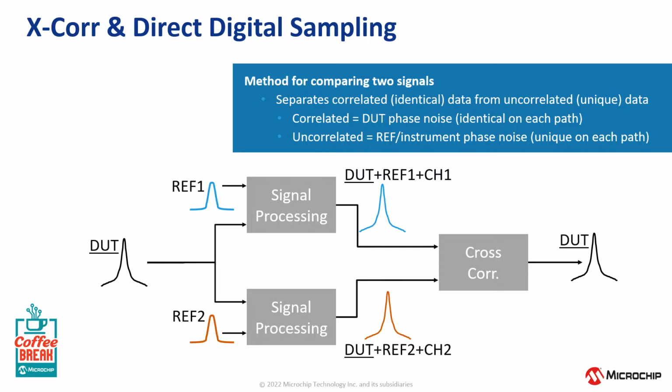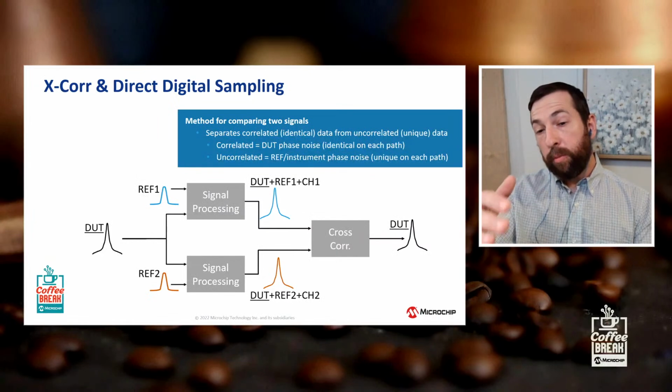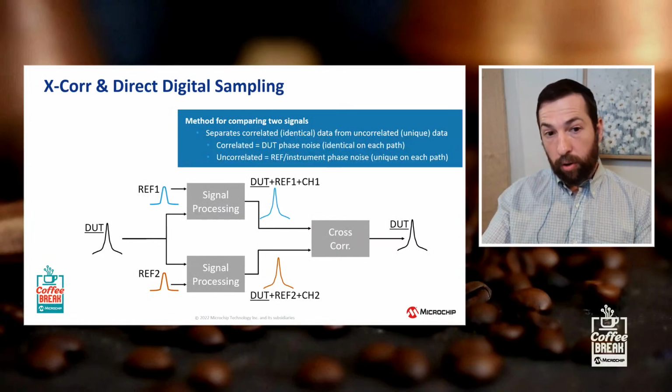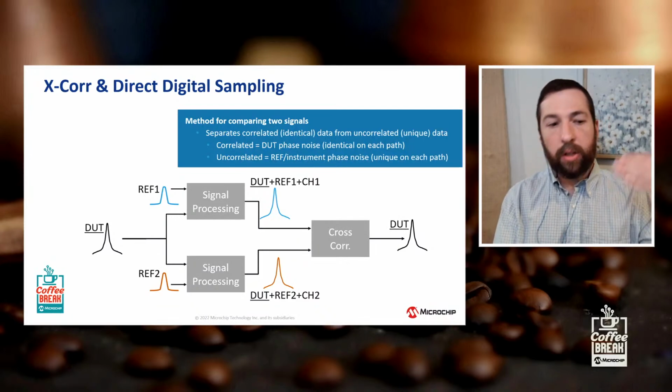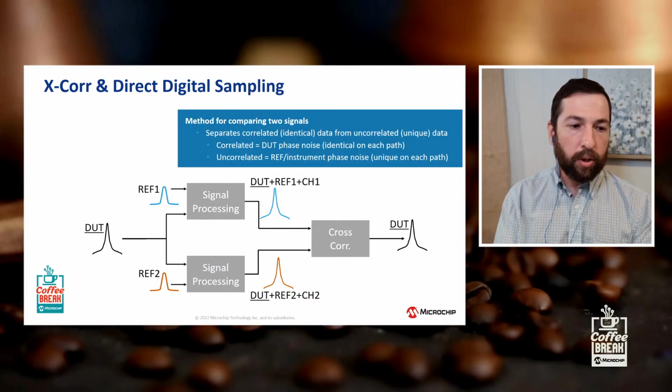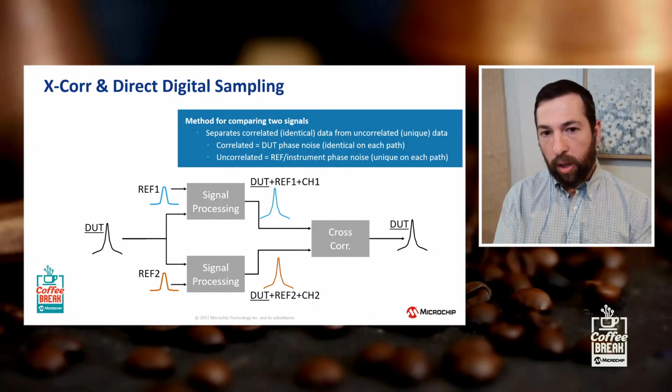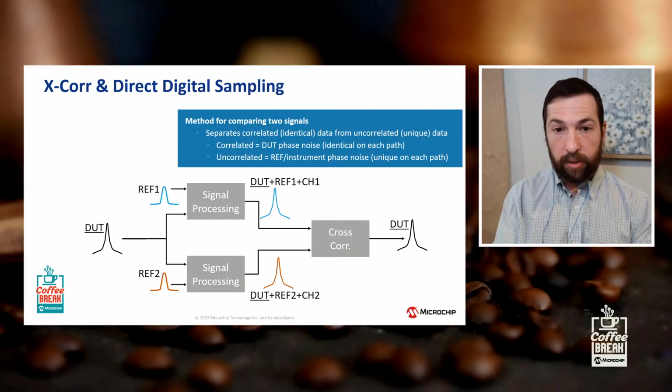By being able to differentiate between the common and the uncommon noise, with cross correlation you're left with just the noise from the device under test. So this allows you to really improve your dynamic range and measure things that you weren't able to do before with the same reference and device under test with just the spectrum analyzer.